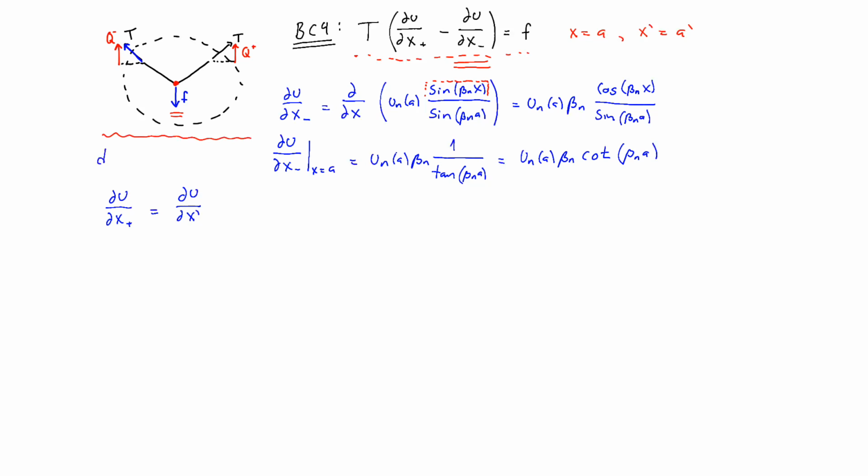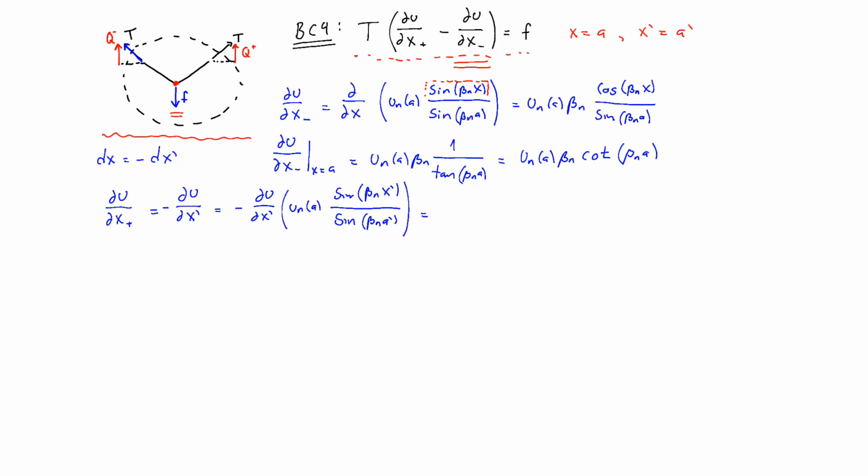But because dx is equal to minus dx prime, then we should also change the sign when we switch the argument from x to x prime, or the variable. So we take minus du dx prime, and we substitute in the expression for u, that's un of a, then we have the sine beta n x prime, because we're on the right part of the cable, and we divide by sine beta n a prime.